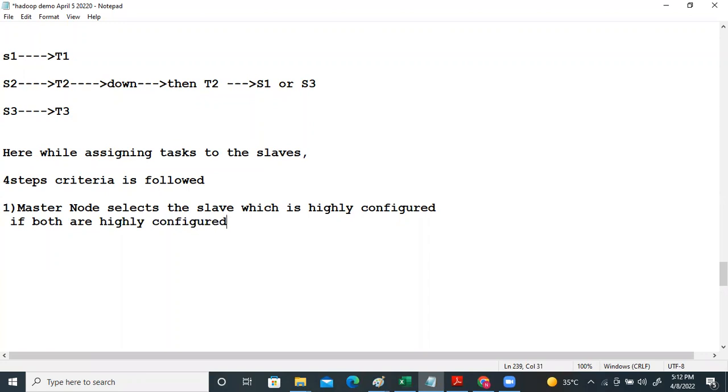Then, as you said, the master node selects the slave which is more idle, that is more free.